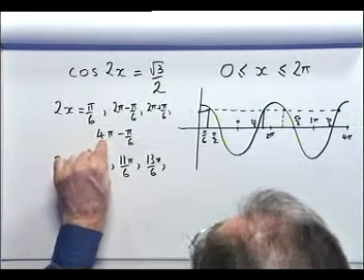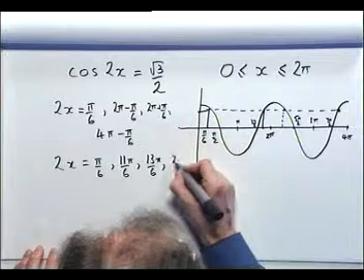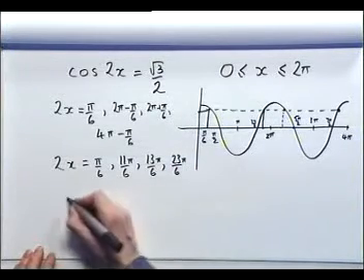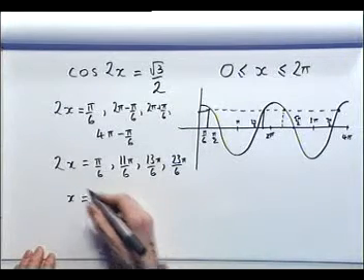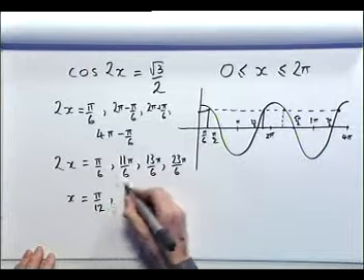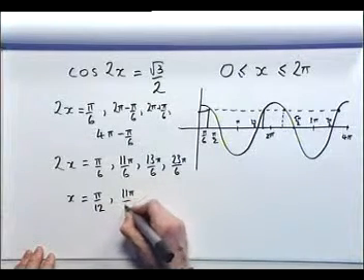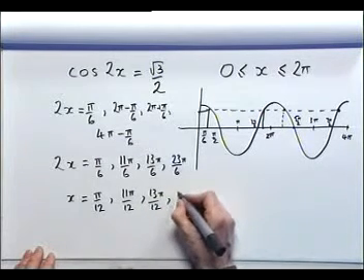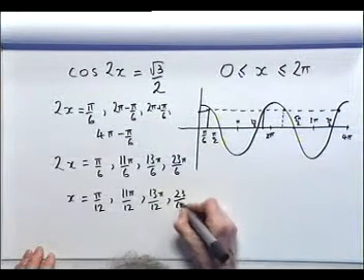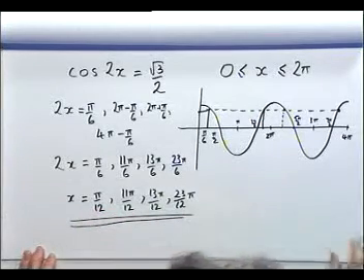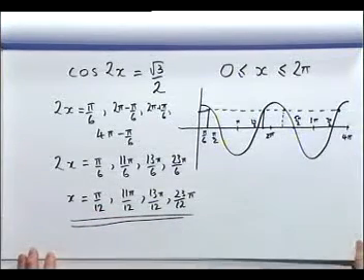Well, there are 24 of them, and we're going to take one away. So that's 23 pi over 6. And now we want x, so we divide each of these by 2. Pi by 12, 11 pi by 12, 13 pi by 12, and 23 pi by 12. And there are our 4 solutions.